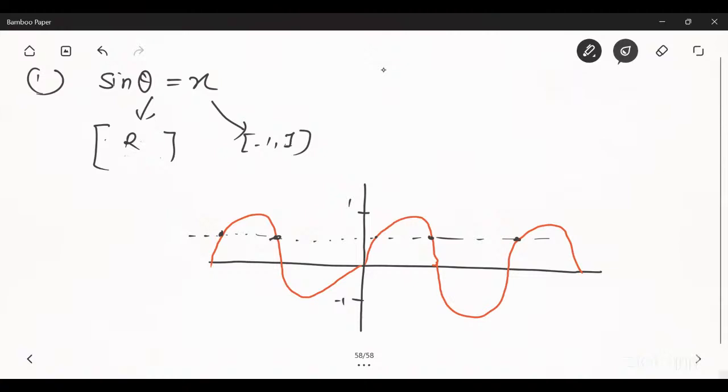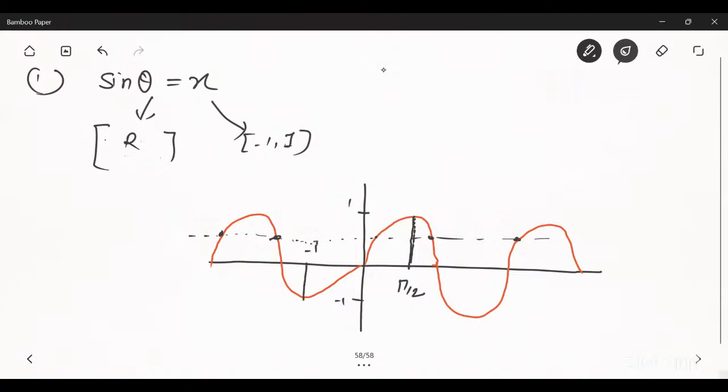What does the horizontal line test tell us? The horizontal line test tells us that if you take a horizontal line and it cuts the graph at more than 2 points, then it is not one-one. If it cuts at only 1 point, then it is one-one. Now, for making it one-one, we will take it from minus pi by 2 to pi by 2. This is pi by 2.